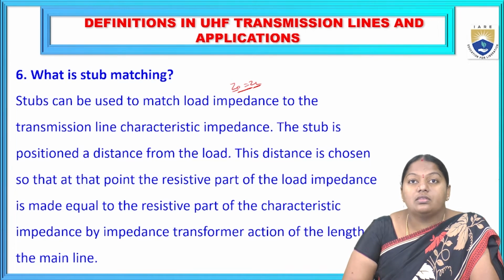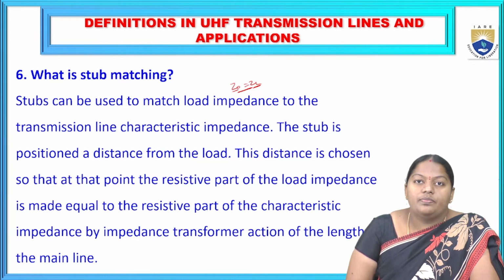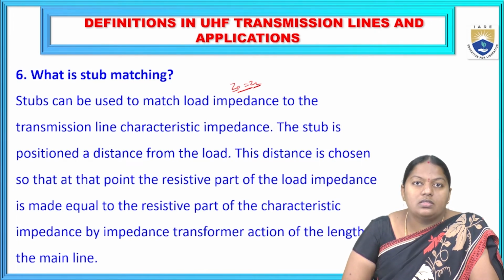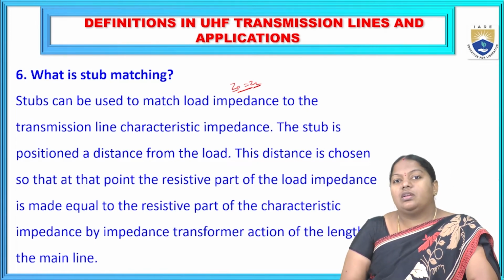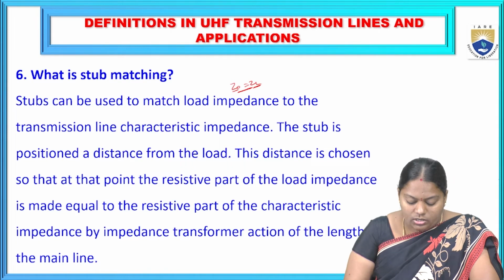There are two different types of stub matching available, depending upon the stubs we are adding. If we add one single stub, then the type of matching is said to be single stub matching. Then, to avoid the drawbacks that exist in the single one, we go for the second type of stub matching technique, called double stub matching.